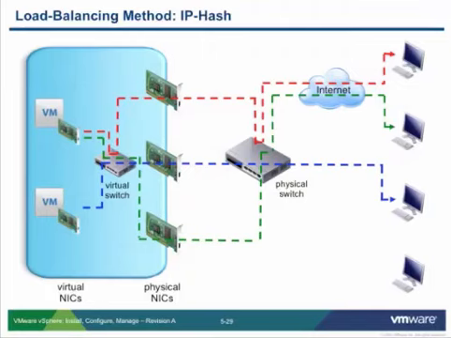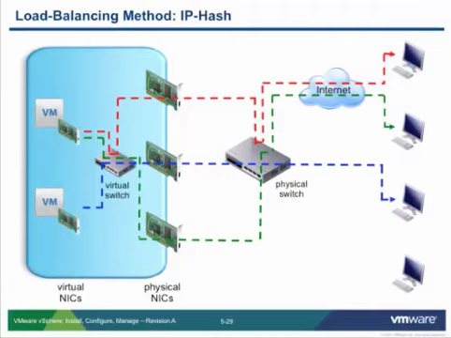Now, why didn't it go out that first physical network adapter card, the same one that it sent traffic out for that red path there? Well, because, again, it's the same source IP address, but it's a different destination IP address. So that hash is going to be different because it's a different destination IP address. And so that's why we see that traffic go out that third physical network adapter card.